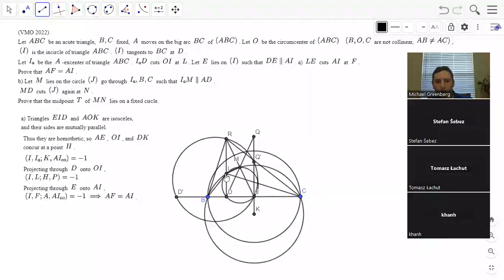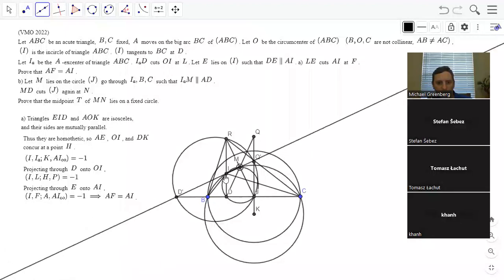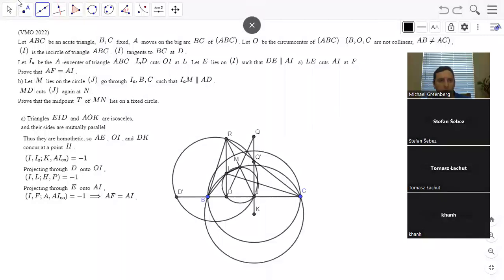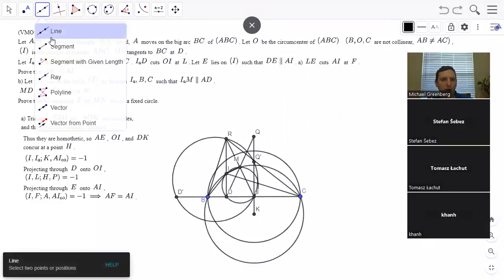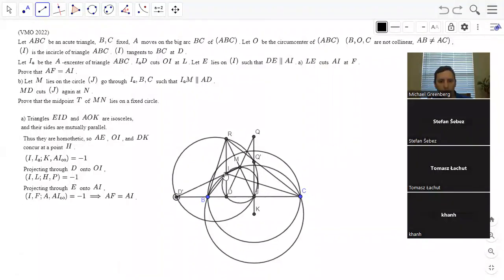Is I the orthocenter? So are DI and M collinear? Yeah. So I is the orthocenter of D prime RJ.